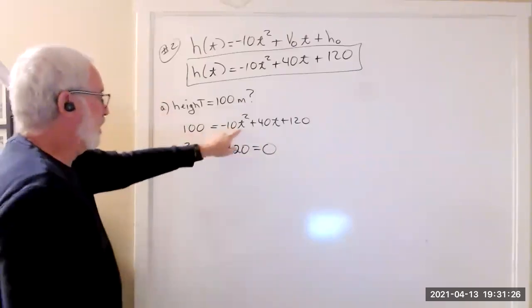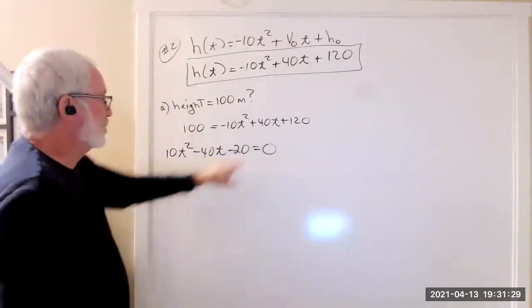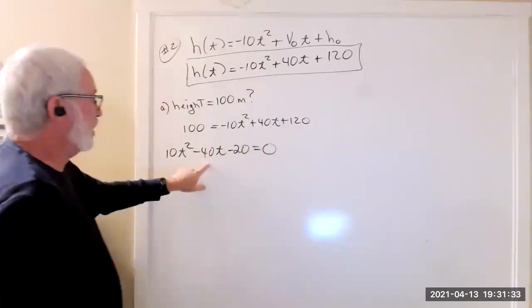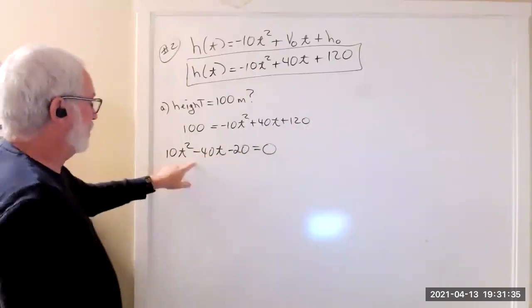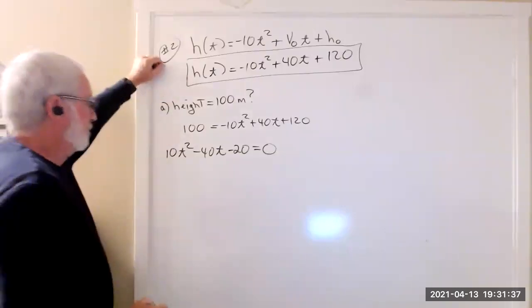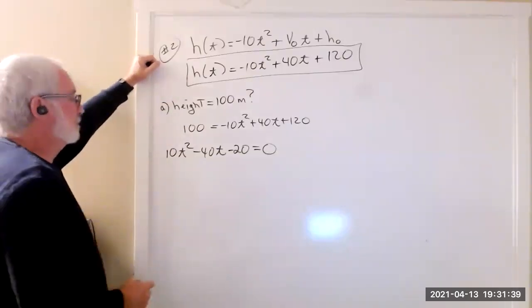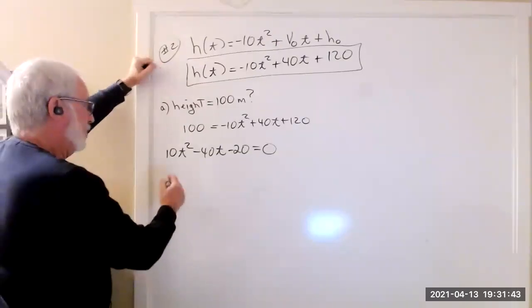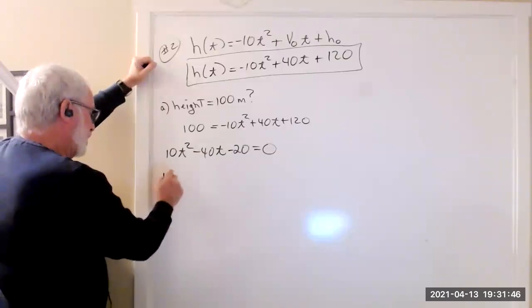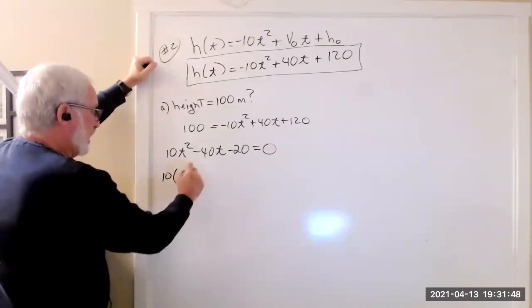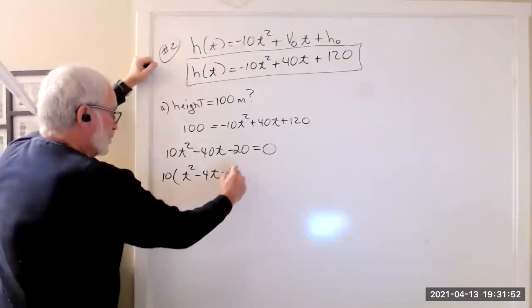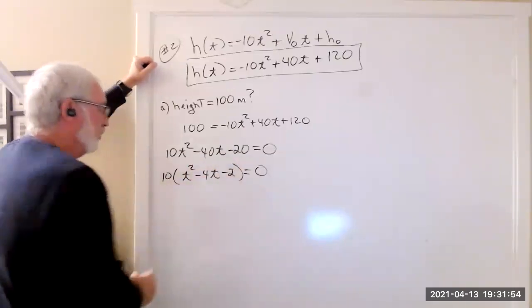So I added 10t squared to both sides, subtracted 40t from both sides, subtracted 120 from both sides, and I get this problem. I can factor out a 10. So I have t squared minus 4t minus 2 equals 0.